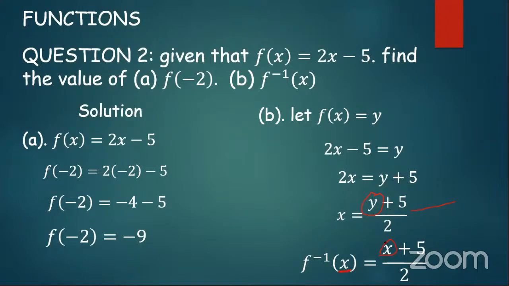So where there is a y or any other letter that you have used, we change it to x, and it becomes x plus 5 divided by 2. Any queries? Can we continue? Yes.